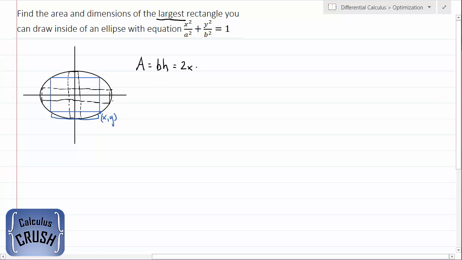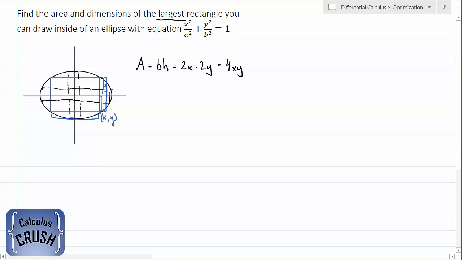And the height, well, the height is just this bit here. Now we know that this point is xy, and so this distance here is y. This is also y, so it's 2y. So altogether, it's 4xy.